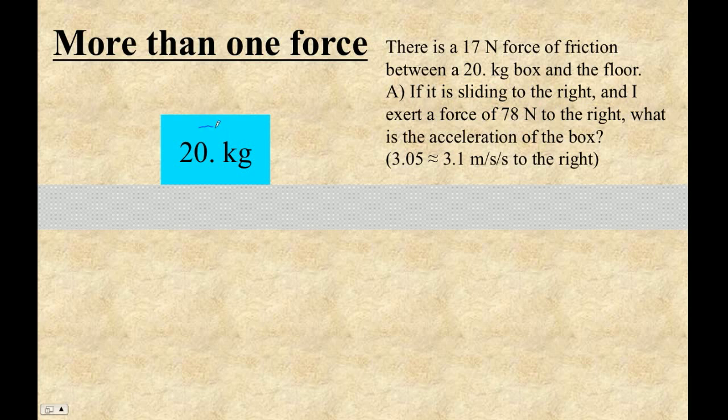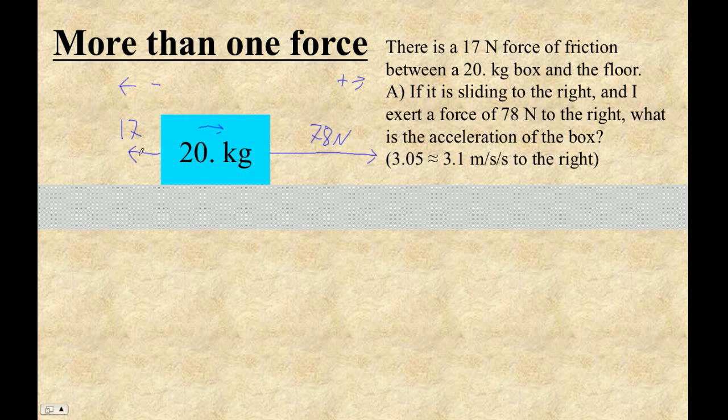But the force of friction, if it's sliding to the right, just opposes the motion, so that friction force of 17 newtons will be that way. I'm going to make right positive and left negative.